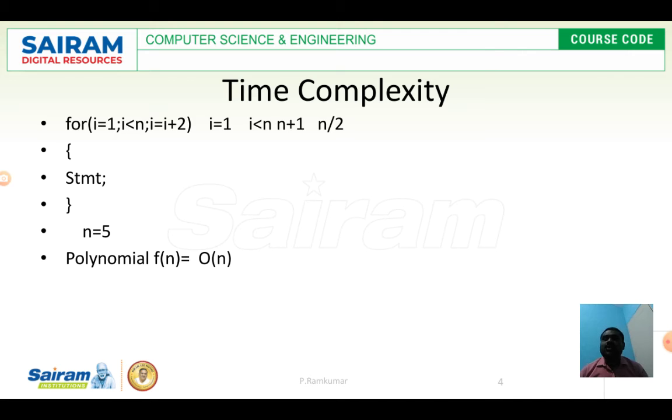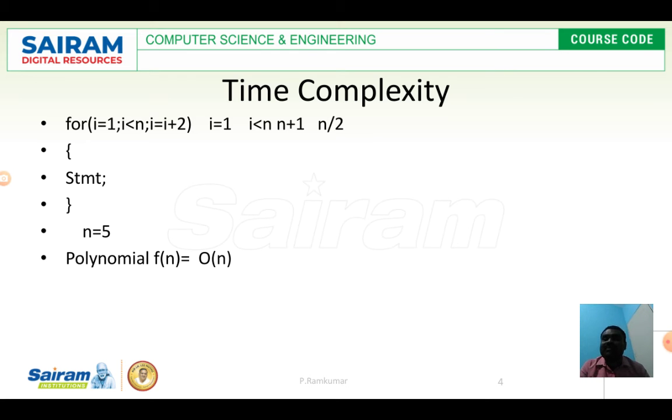Here I am incrementing the i loop by 2, i equal to i plus 2, then the statement. So for i equal to 1, i less than n, i equal to i plus 2, the condition will be executed n plus 1 number of times, and the increment part will be executed n by 2 number of times, because each time it gets incremented by 2.